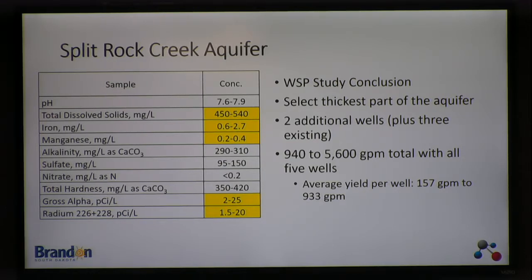The other important part that they said was that if you again zone in on the thickest part of the aquifer as a potential location for additional wells, they identified 2 additional well potential locations in addition to the existing 3 wells, for a total potential amount of water to be gained of about 5,600 gallons per minute from all 5 wells.